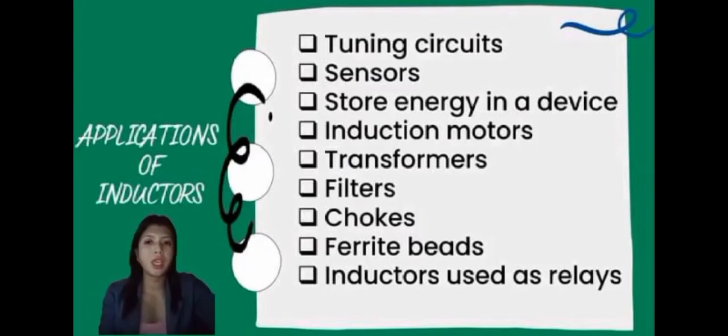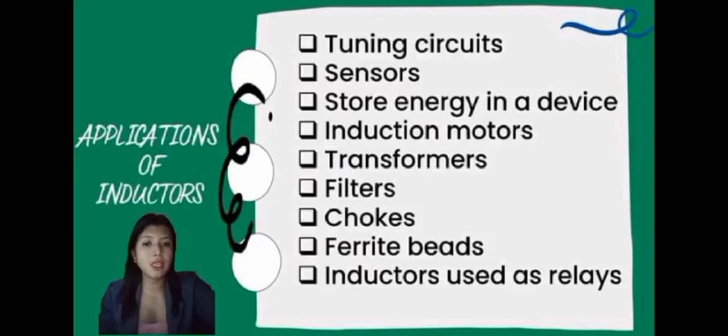Another use of an inductor is as a sensor. The inductive proximity sensor is a contactless sensor that is particularly reliable in operation. The magnetic field in the coil opposes the flow of electric current, which is the primary idea behind it.